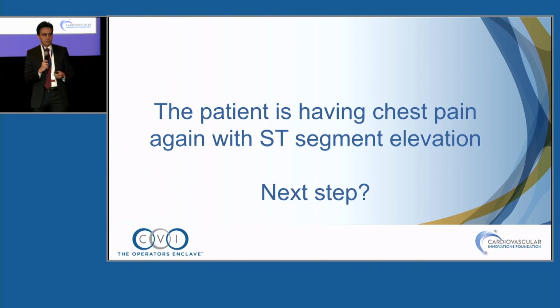So at this point, the nature of the case has changed. It's no longer a simple primary PCI. And so we have to come up with a timely solution to treat this problem, but also with the understanding that this patient's chest pain has resumed and he is again having ST segment elevations.